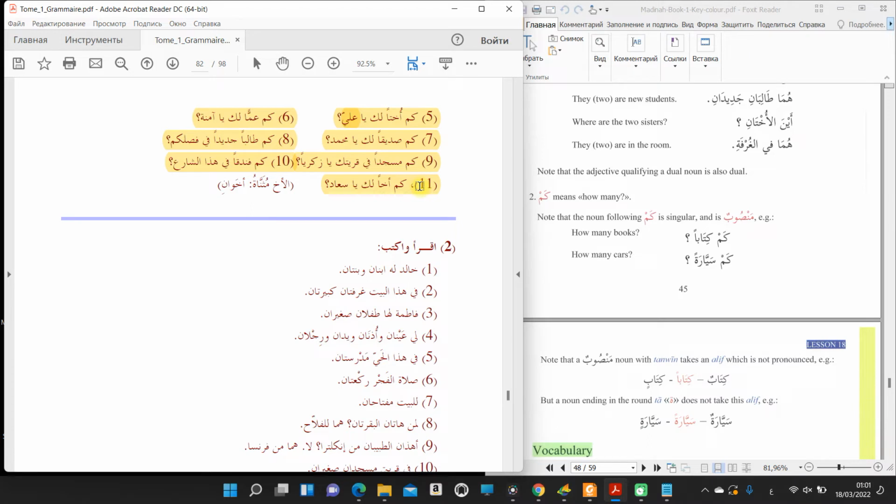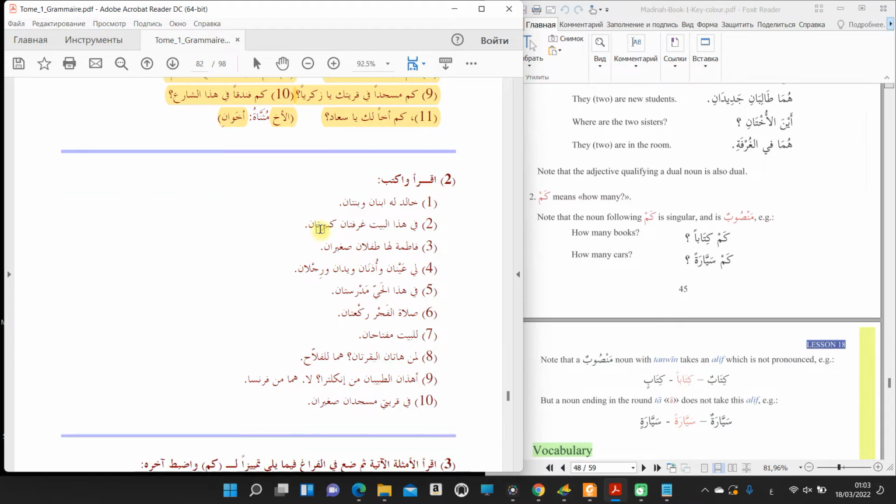You see, it's a bit tricky. Here it says al-akhu, its dual will be akhawani. So just remember it, akhun akhawani. Therefore, if you want to say I've got two brothers, you need to say li akhawani, not akhani. Li akhani, that's a mistake. Akhawani. That's how it is.